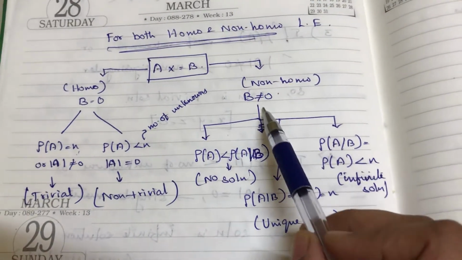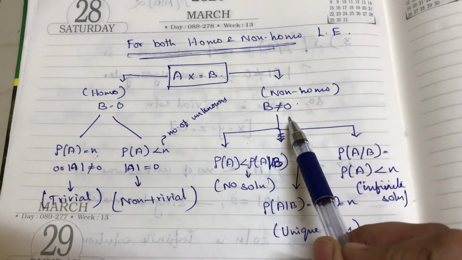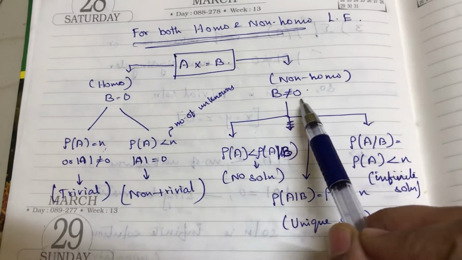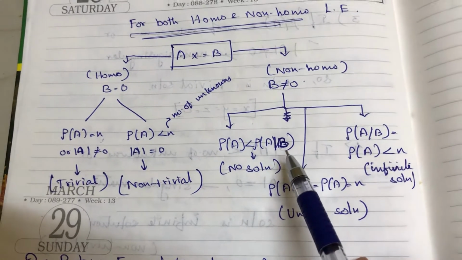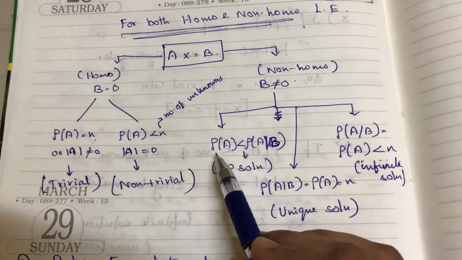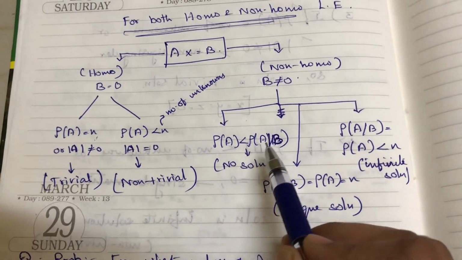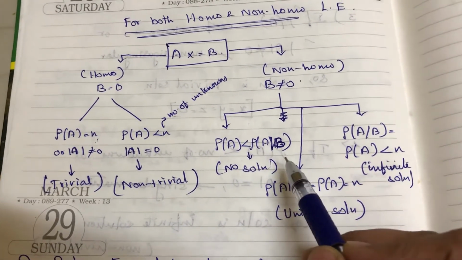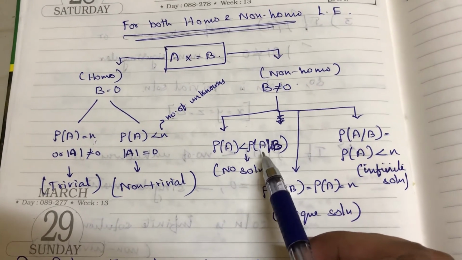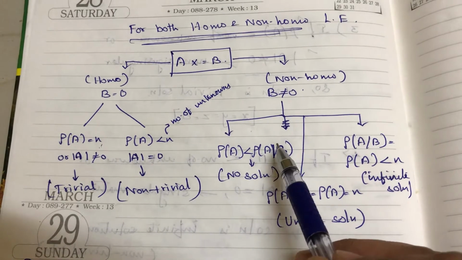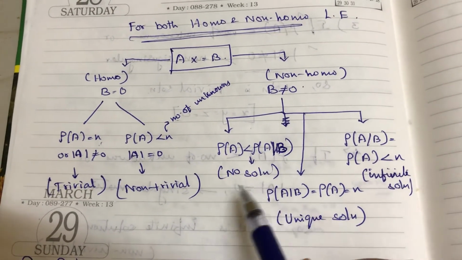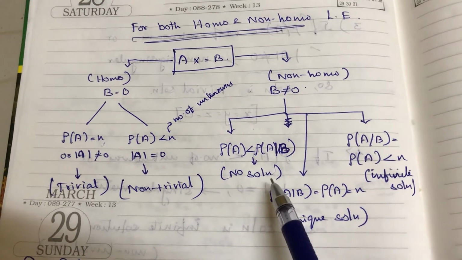See here, B not equal to 0 means there will be a constant, so B will appear in the augmented matrix, rank of A bar B. If rank of A is less than rank of A bar B, that is the no solution category.